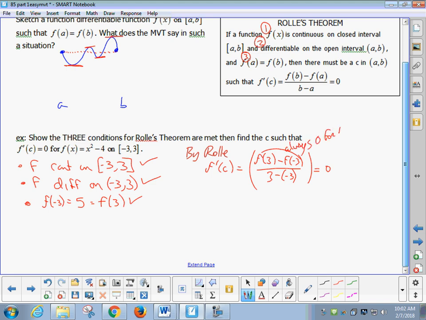For Rolle, you can just go straight to 2c must equal 0. So the place where the graph goes flat between the two endpoints is at 0, which makes sense if you consider the graph, that at the axis you have a flat.